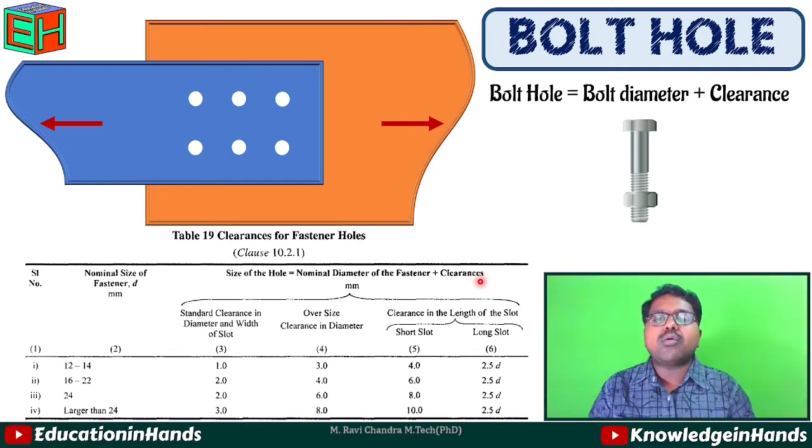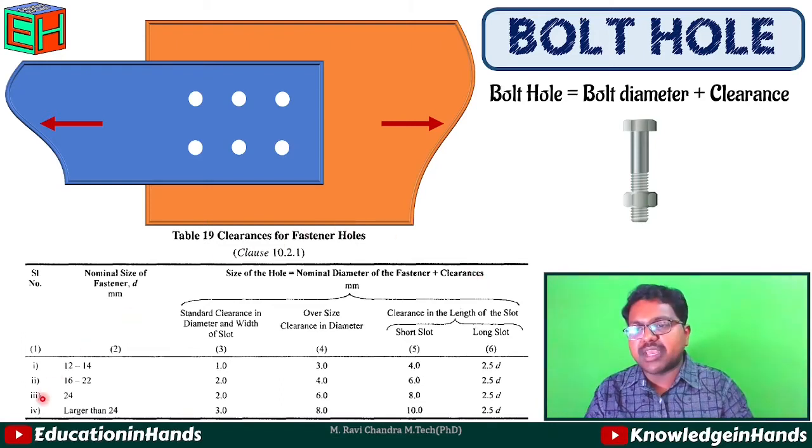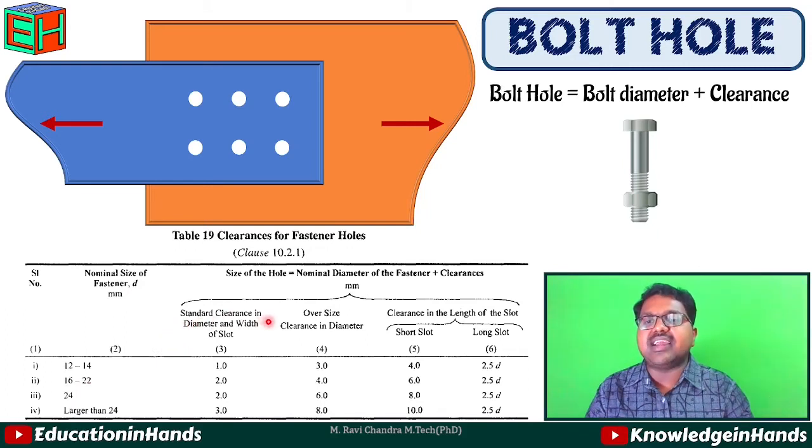So how do we provide this clearance? I considered a 16 mm bolt, right? So I am taking 16 mm here. It falls in the second category, 16 to 22 mm nominal size of the fastener D. For this, the standard clearance in diameter and width of slot is 2 mm.